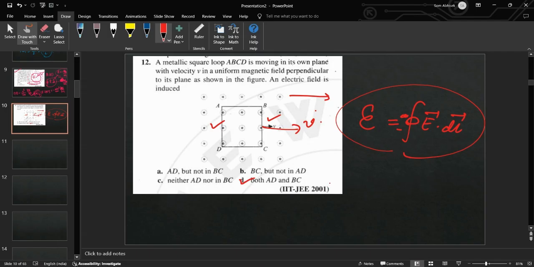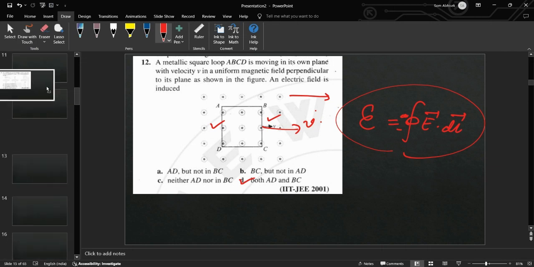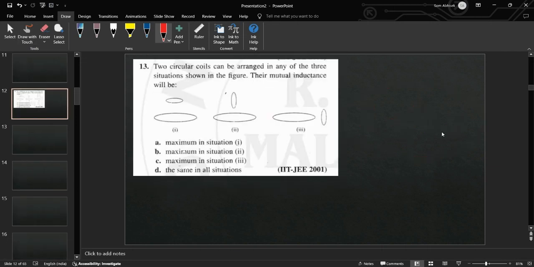Alright, next question. Two circular coils can be arranged in any one of the three situations shown in the figure. The mutual inductance will be maximum where? Is it maximum everywhere or the same somewhere, just tell me.